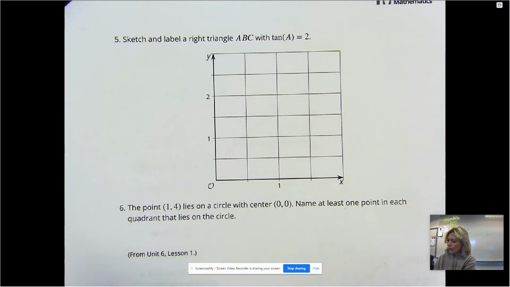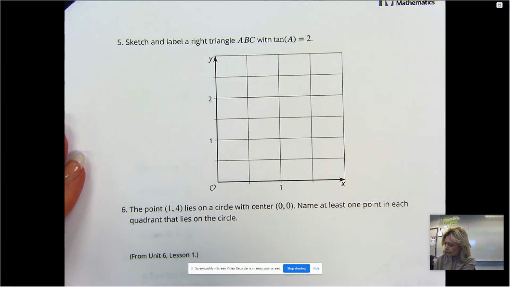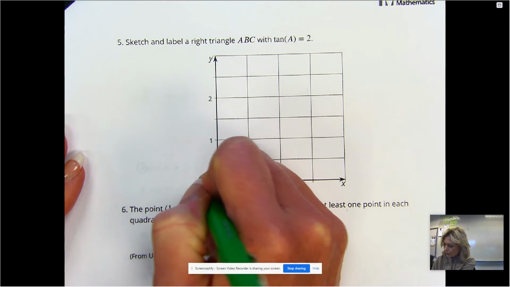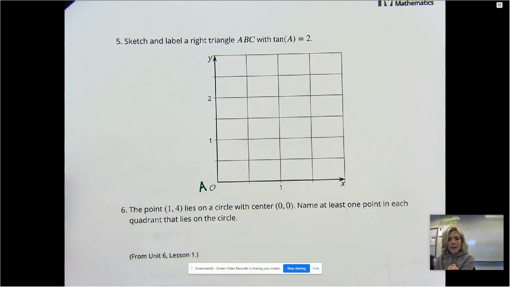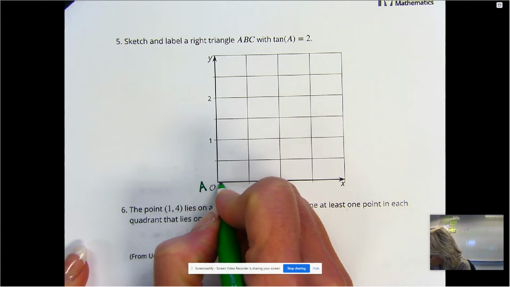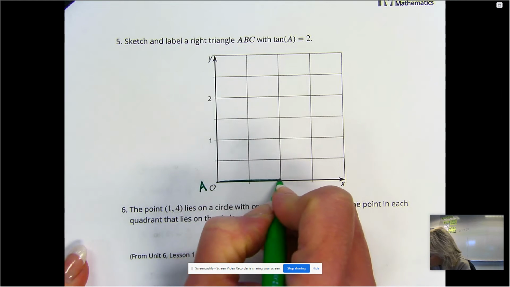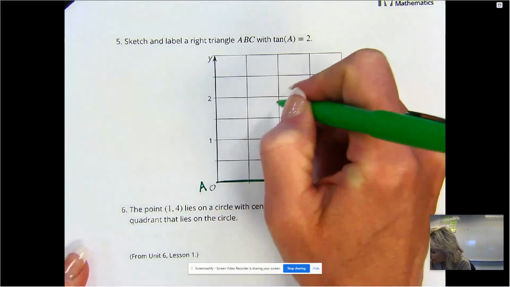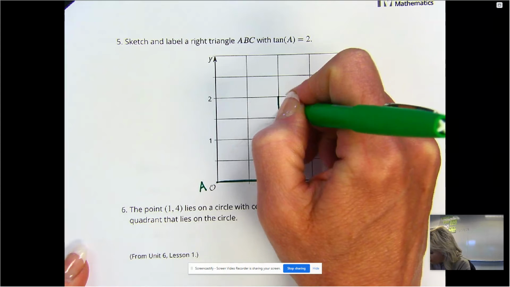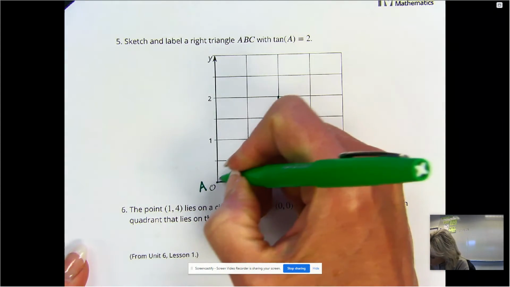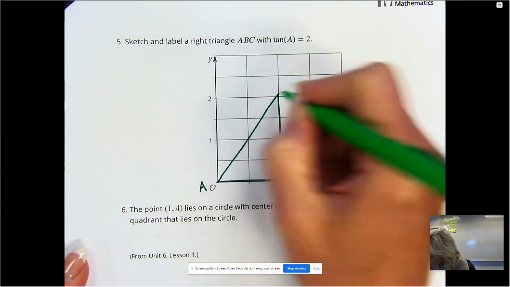So I'm going to have angle A be at the origin, and then if I want the tangent to equal 2, and I know that tangent is the opposite leg divided by the adjacent leg, I could make the adjacent leg a 1, which is that length, and the opposite leg a 2, and then connect it there.